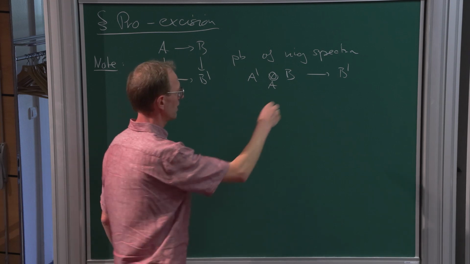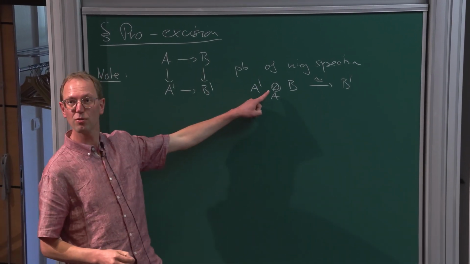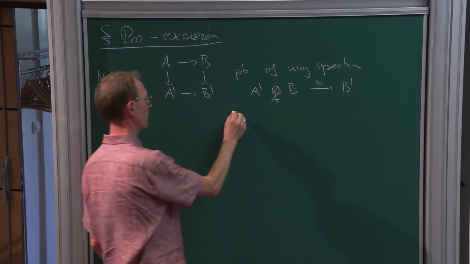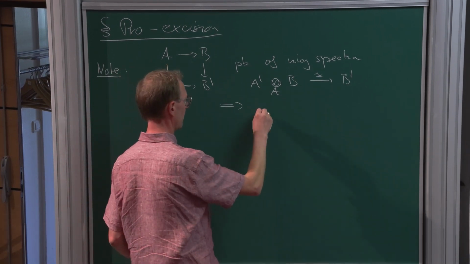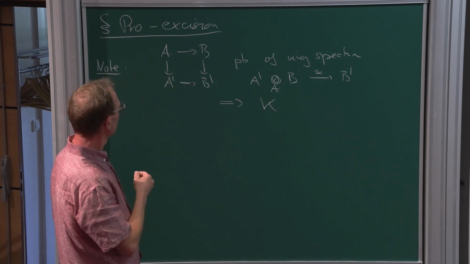If this is an equivalence, then this immediately implies that K of the square is Cartesian.